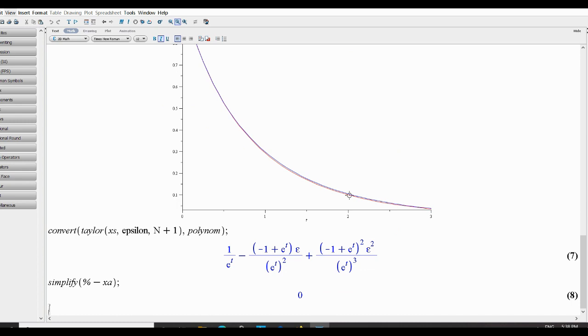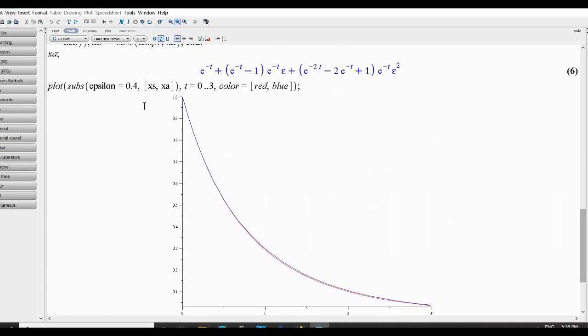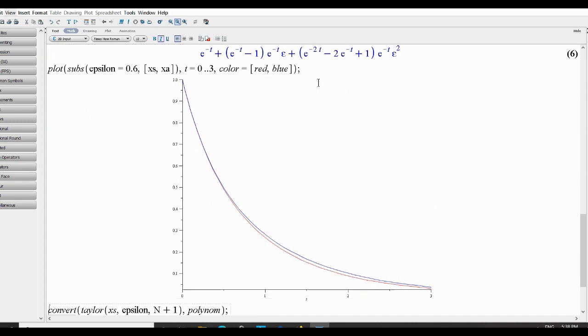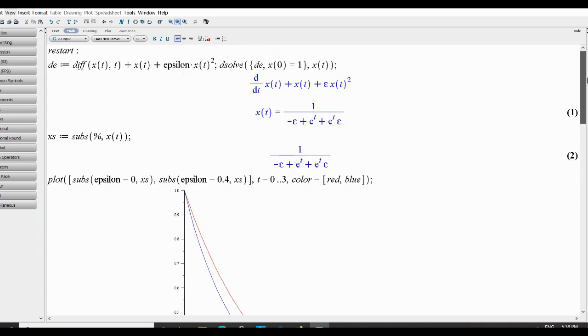Okay, so now let me show you that instead of 0.4, suppose I use 0.6 over here, then I get a slightly larger, a visible mismatch. But then I can take 4 terms if I want. That's not something we will do for typical problems, but when we are trying to understand, it's a good idea to see.